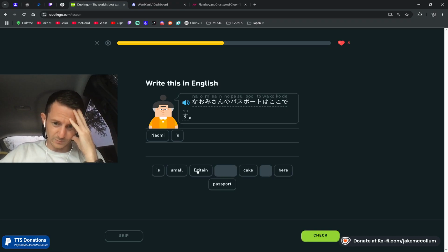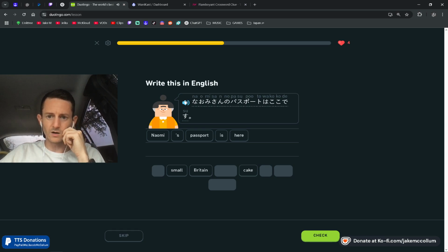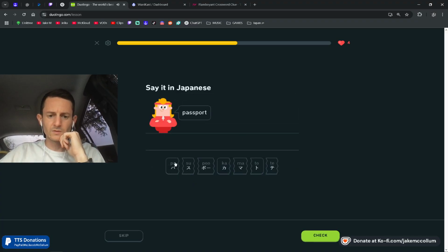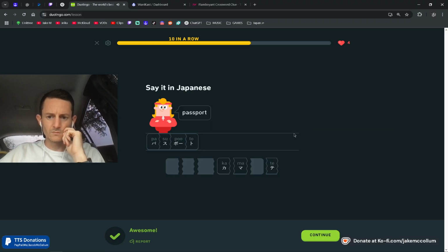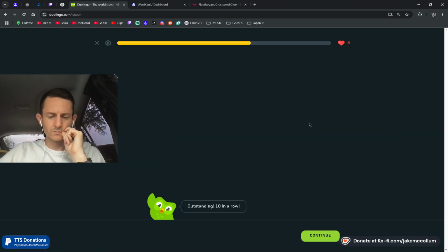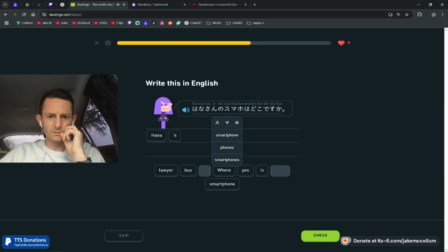Naomi's passport is here. Passport. 花さんのスマホはどこですか.